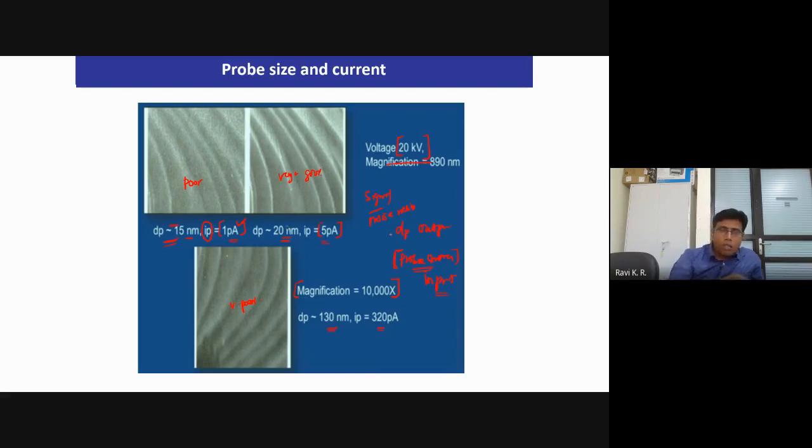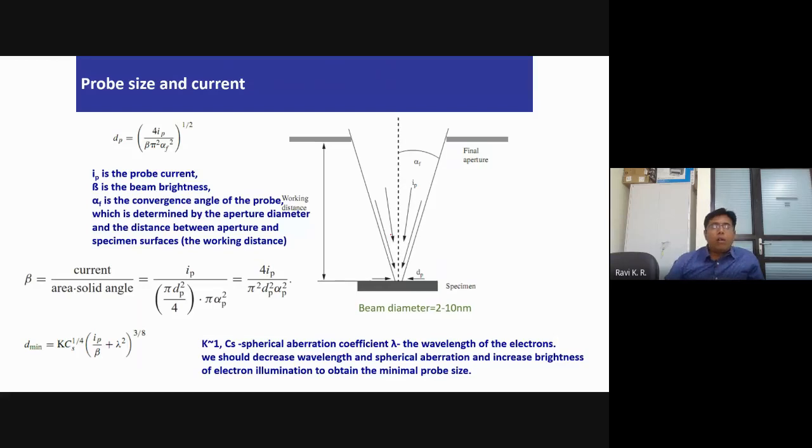So this is similar to voltage. There is an optimum probe diameter that we need to keep so that you can get the best possible image. Now let us look at the probe current relation. The probe diameter dP is proportional to IP. That means when you increase this probe current, basically this is the signal to noise. Let's say this is your noise.